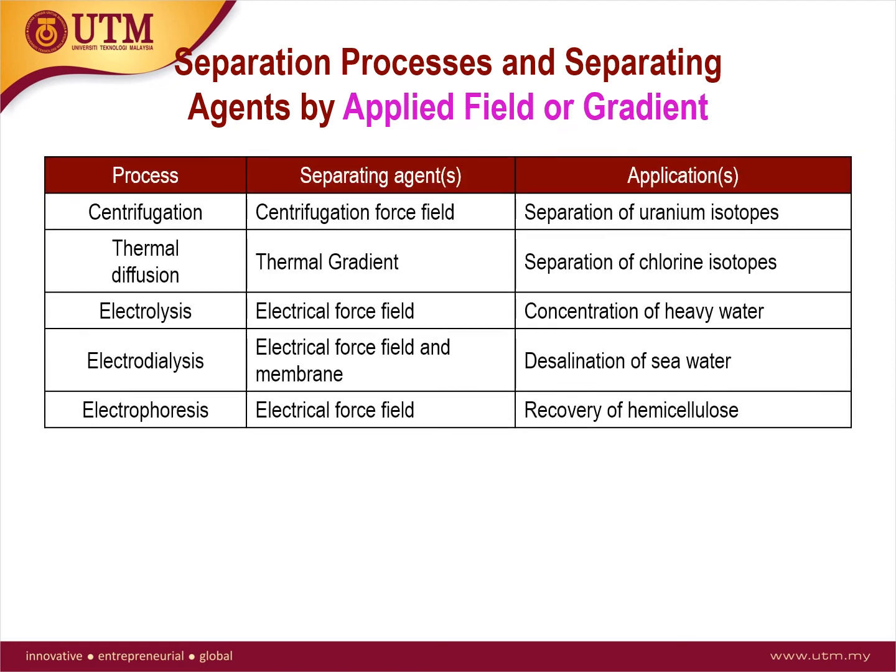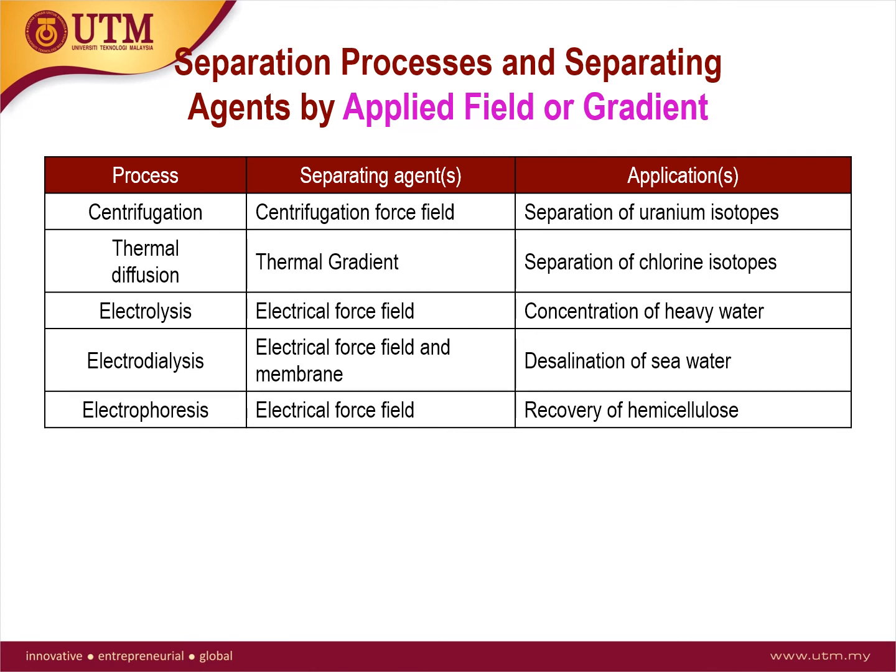Right, now we come to the last examples of separation process by applied force field or gradient. There are 5 examples of processes used to explain the separation processes by applied force field or gradient. For example, the centrifugation process uses the centrifugal force field, for example, separation of uranium isotope.